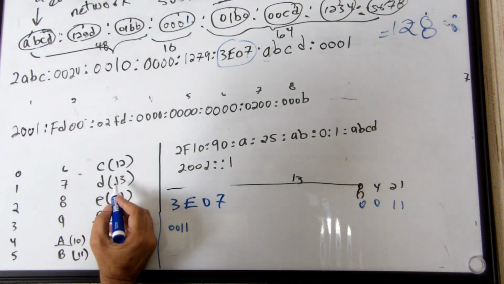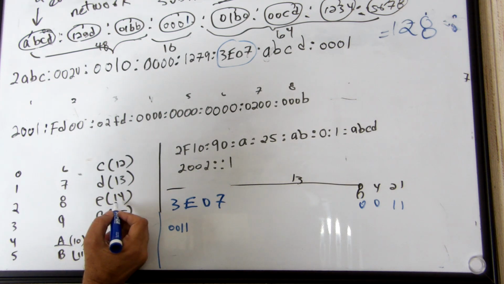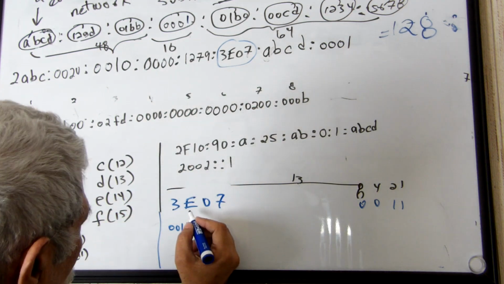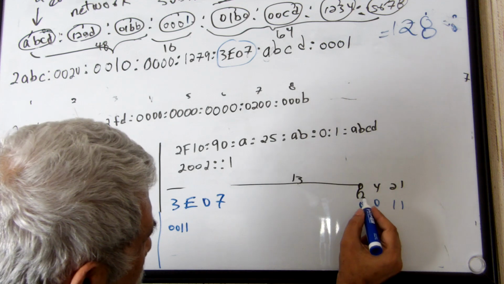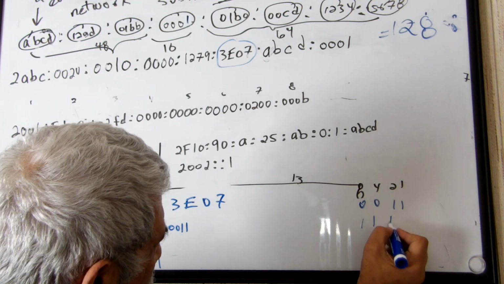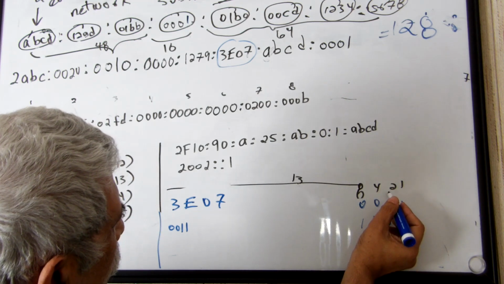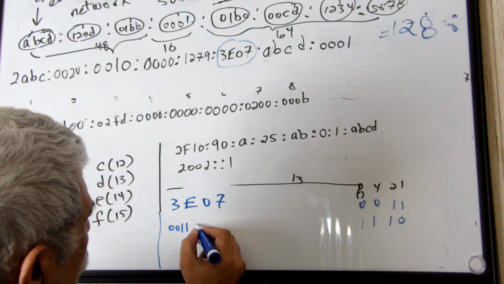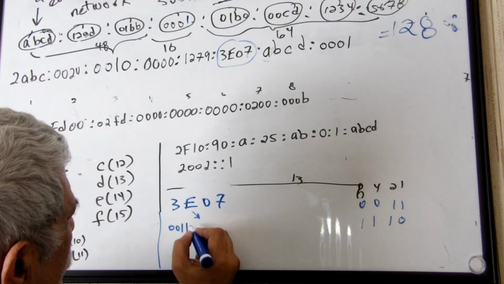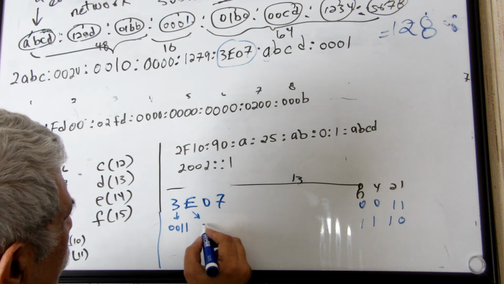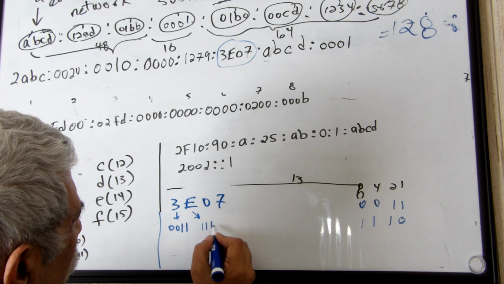E is equal to what? It is equal to 14. So it's going to be 8 plus 4, plus 2, 14. So E is going to be 1, 1, 1, 0.